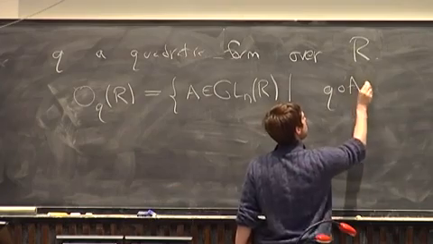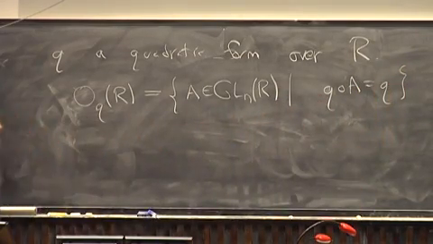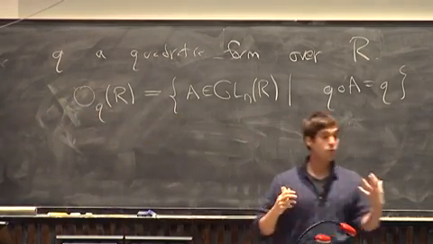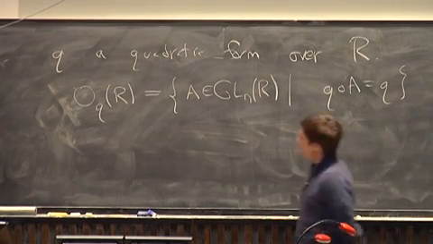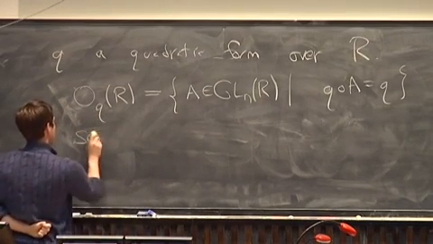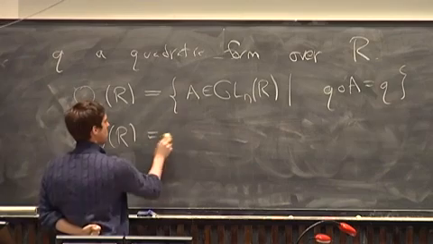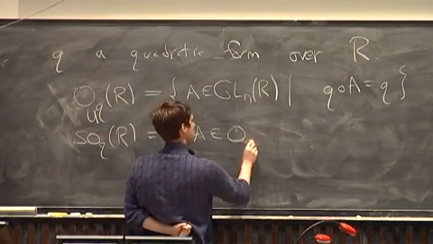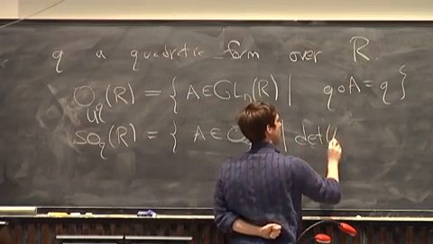So Q composed with A is equal to Q. For example, if Q is positive definite and R is the field of real numbers, this is the usual orthogonal group of rotations of Euclidean space. And in that case and in general, there's also a subgroup SOQR, which is going to be the collection of all A belonging to OQR such that the determinant of A is equal to 1.